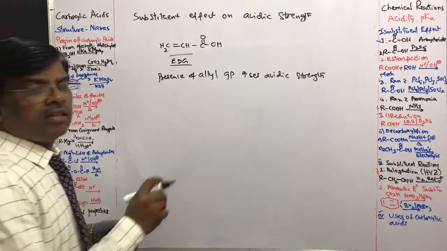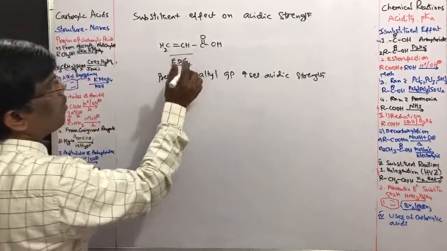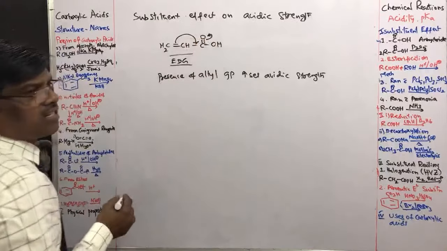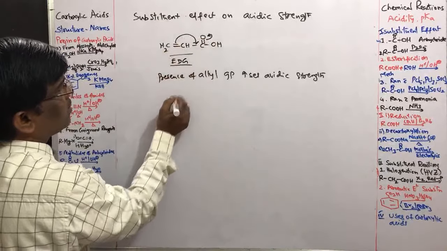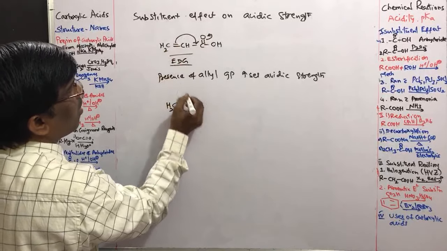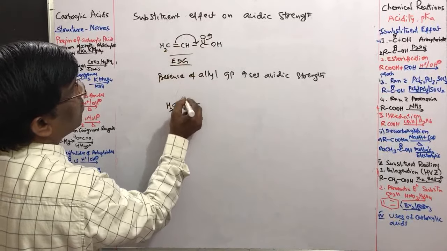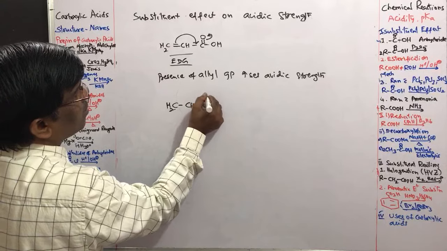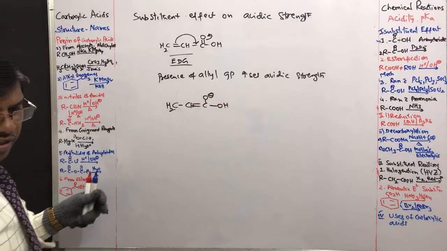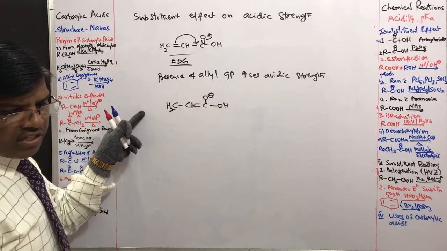How? Yes, it increases the acidic strength. It is because of resonance stabilization. It can resonance stabilize this carbanion. It is going to have the double bond and this O minus and OH. Yes, it is going to have this resonance stabilization, so it has two resonance forms.